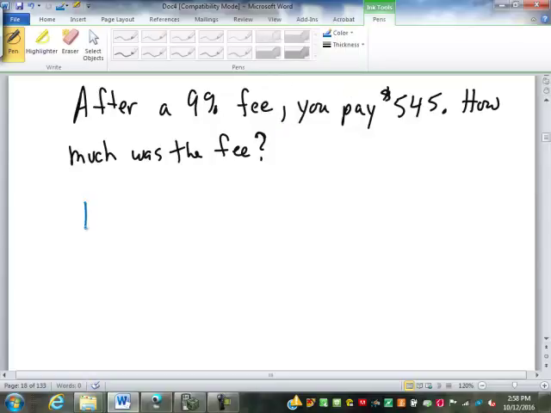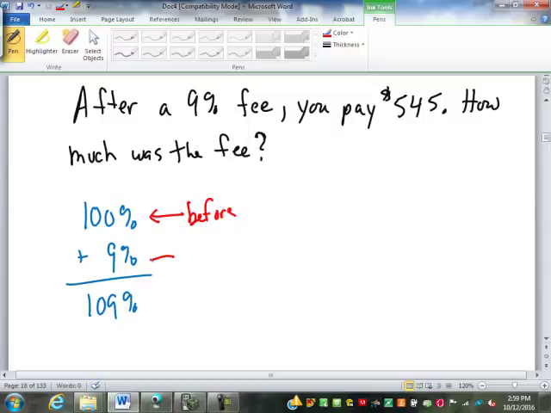So again, you have 100%. They're adding an additional fee onto this. So we're adding 9%, which brings us to 109%. So the 100% is always the before, the starting amount. The 9% represents our fee. Not free, but fee.